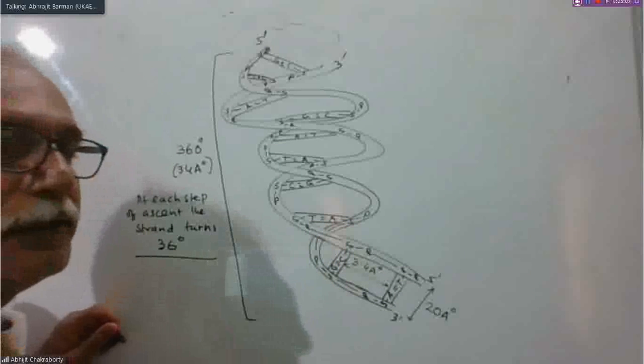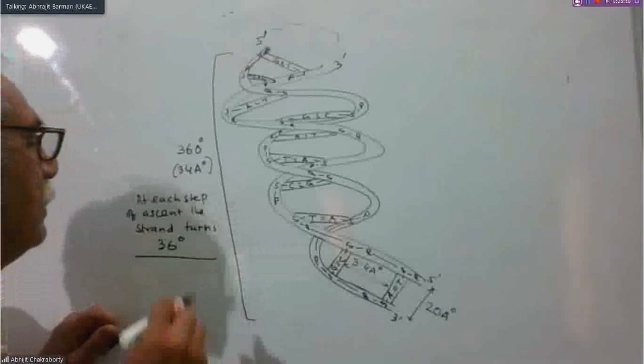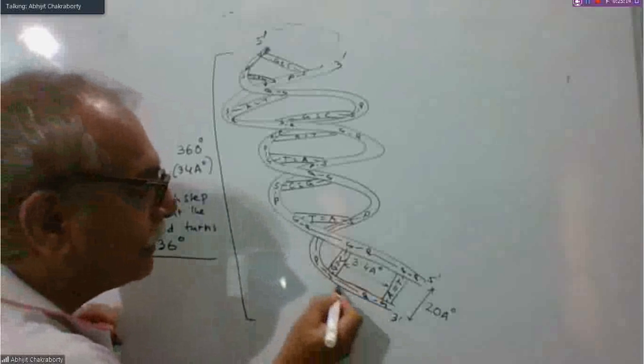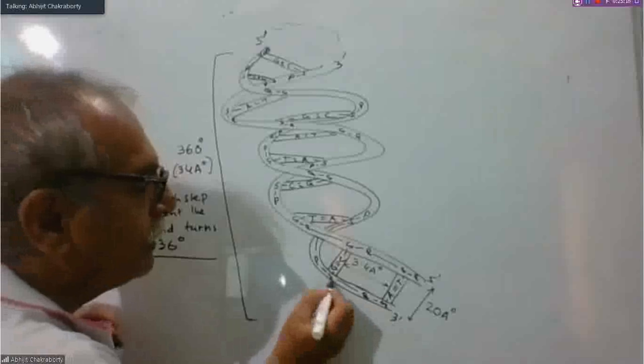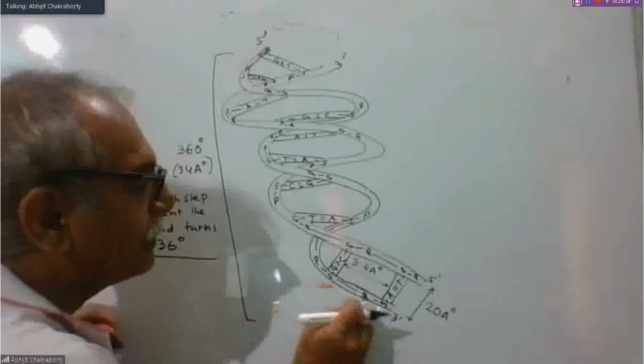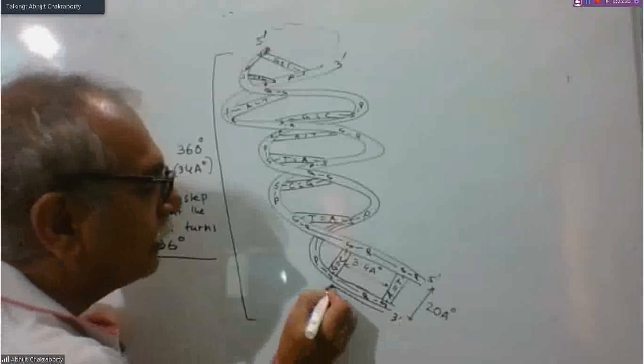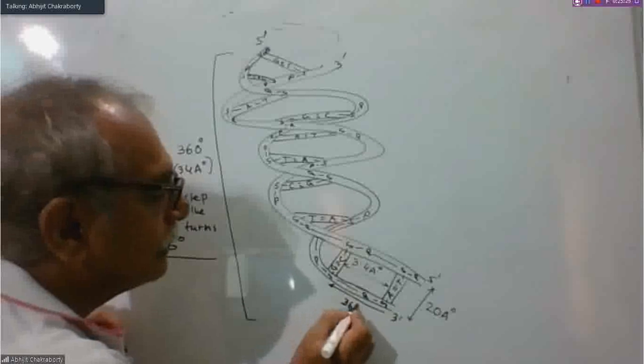Left side, actually in each step of ascent, the degree of ascent from 1 to this, how much turn it costs, 36 degree. From here to here, it is 36 degree. Are you getting me?